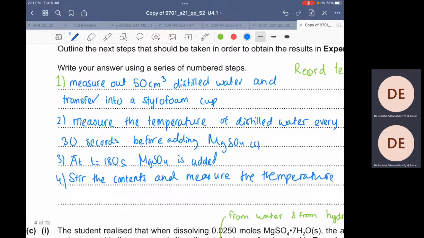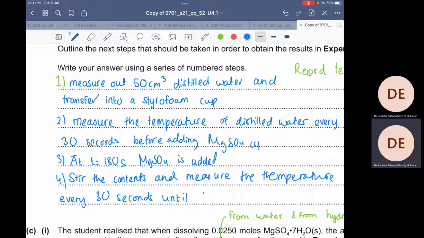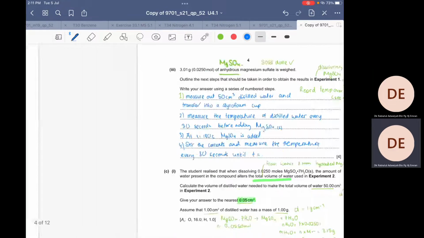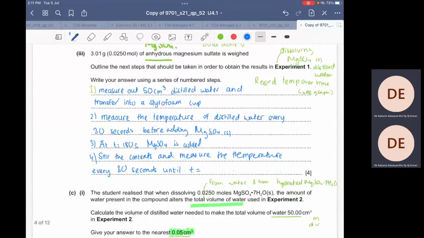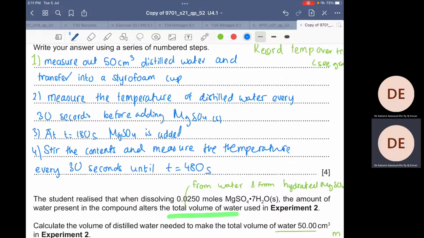Every 30 seconds. Or you can say at 30-second intervals, the same thing. Every 30 seconds until T is equal to what? When did you stop? T equals to 480 seconds. So T here is the time, okay? Don't get confused.